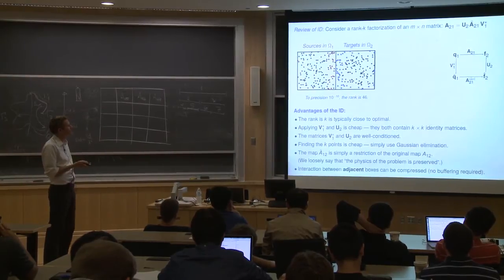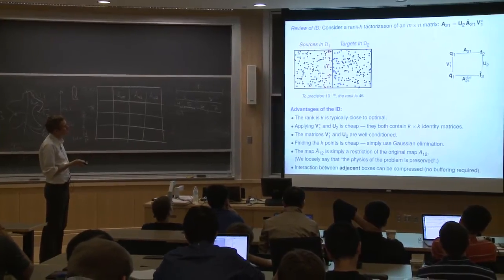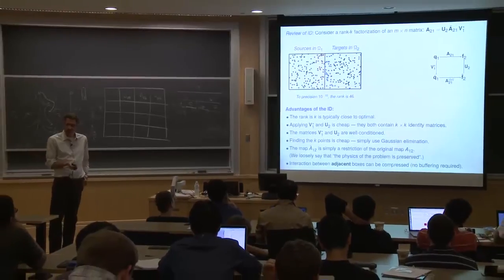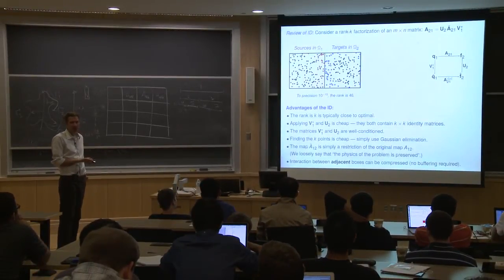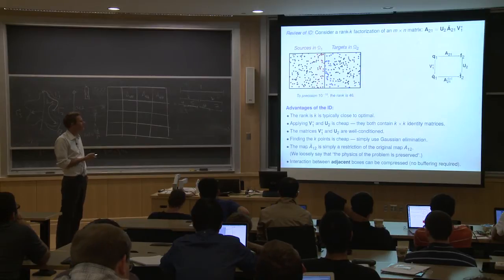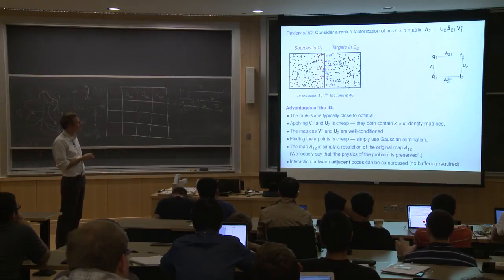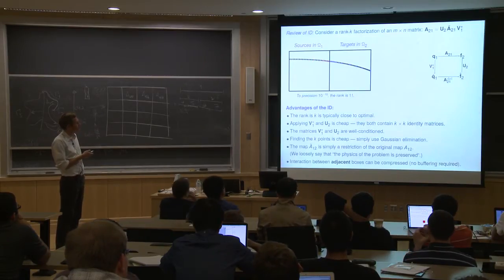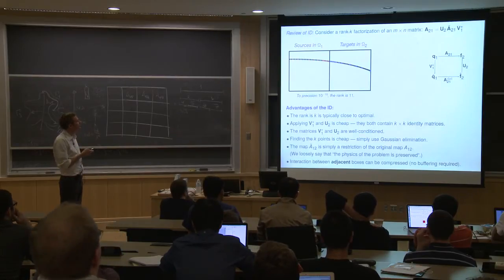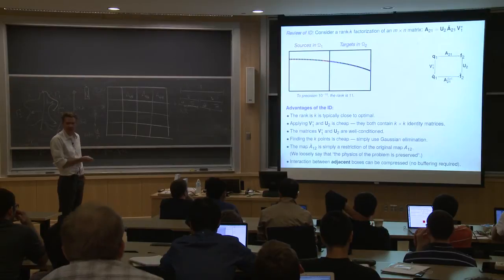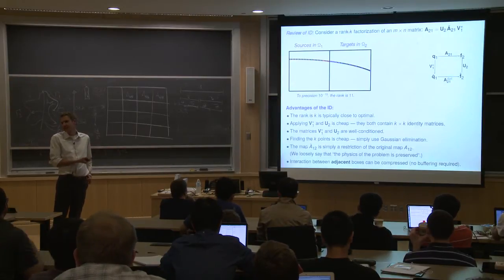Just a little reminder: an advantage here is that it's a numerically constructed representation, so we can do a lot of things that we can't do with analytic expansions. We can compress adjacent boxes, for instance. And this is precisely the situation we're in now: if you're on special geometries, the rank is much lower than the general rank.